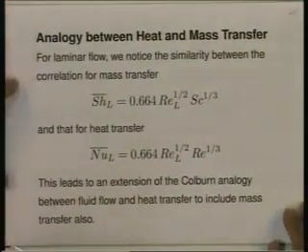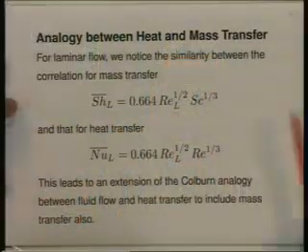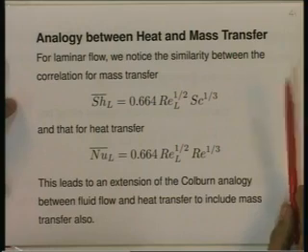This similarity, which we have been looking at right from Fick's law of diffusion, leads to an extension of the Colburn analogy, which was so far between fluid flow and heat transfer, into mass transfer. So let us now look at the analogy between heat and mass transfer.